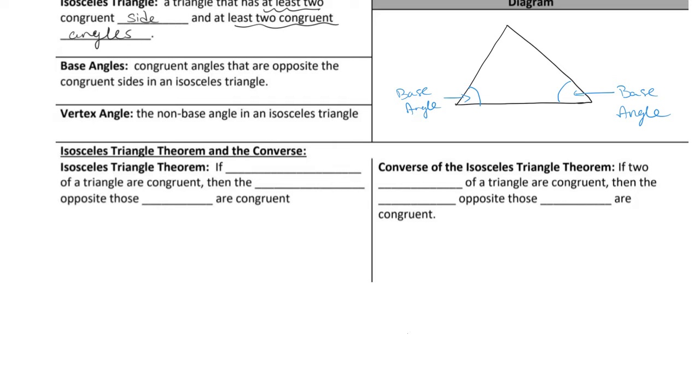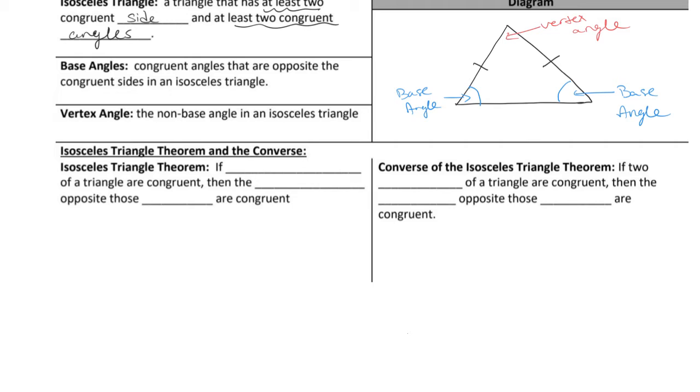We know they have two congruent sides, and those sides are the ones in between the vertex and one base angle and the vertex and another base angle. And that vertex angle is this one right here. So that goes through the angles.